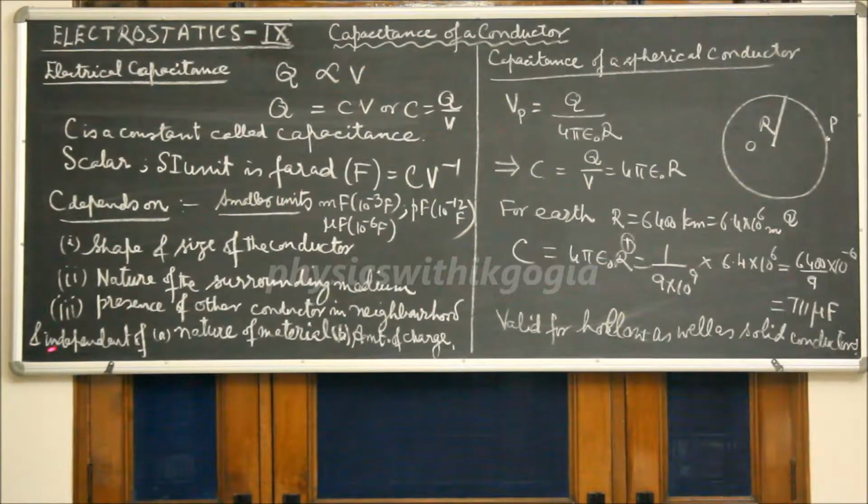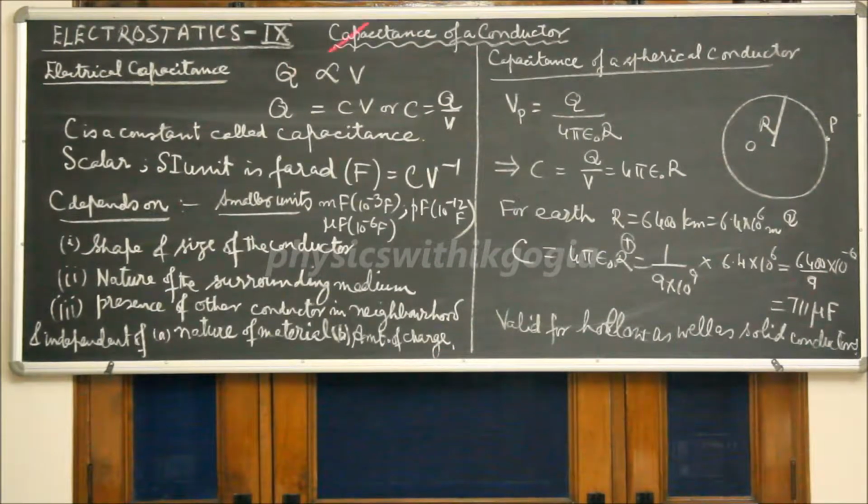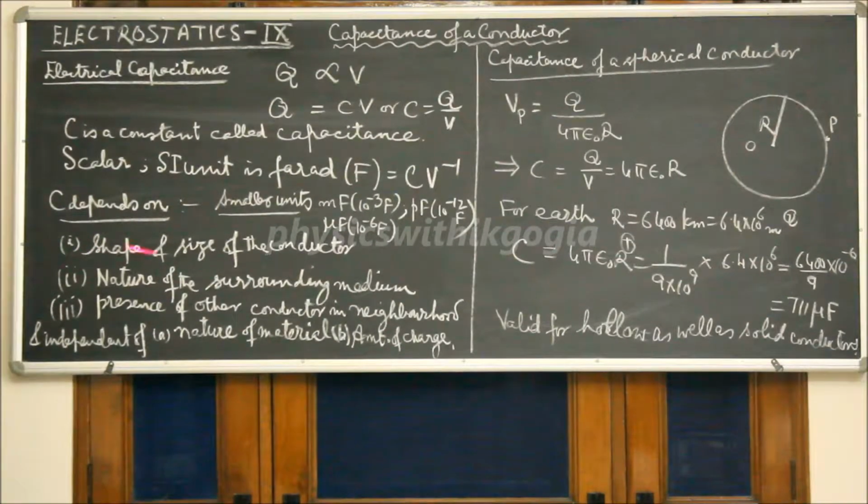However, the capacitance is independent of nature of the material and the amount of charge which we give it, because larger charge implies larger potential and the ratio Q over V, which is capacitance, remains constant. The conductors of different shape, as stated here, will have different values of capacitance.